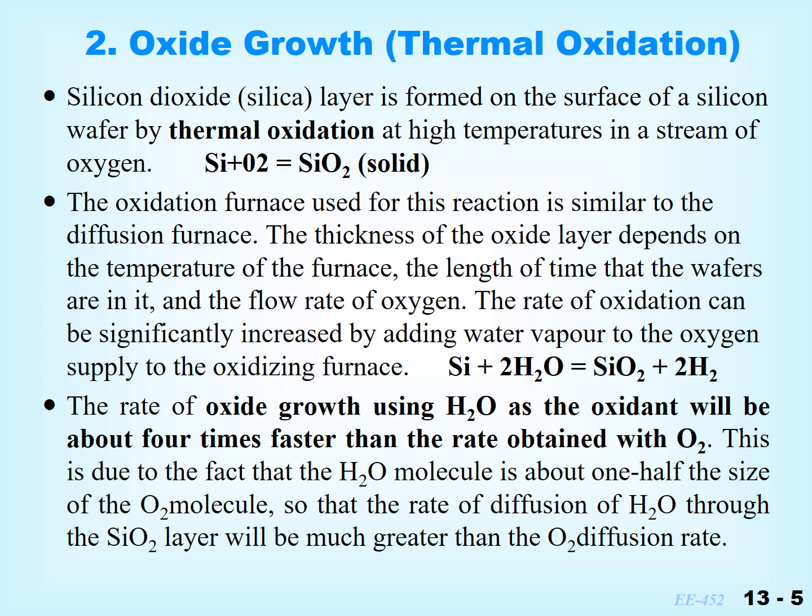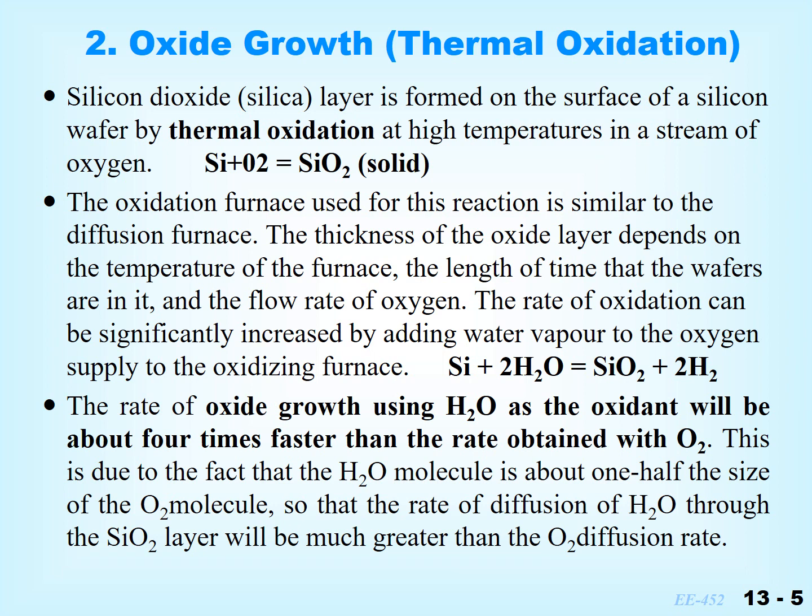Also, it happens in the presence of water vapors, and we can see that the rate of oxidation is much higher in the presence of water vapors as compared to when it is only oxygen based. So the rate of oxide growth using water vapor is 4 times faster than that of oxygen.